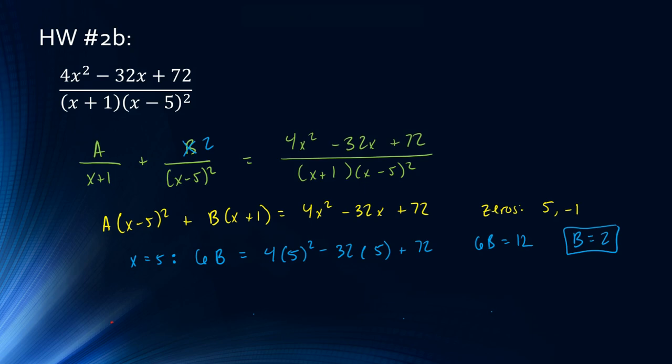Now we're going to use the other zero, negative 1. And when we use negative 1, the a is not going to disappear. Negative 1 minus 5 is negative 6, but when you square that, it becomes a positive 36. And then negative 1 plus 1 is 0, so the b disappears. On the right side, we would have 4 times negative 1 quantity squared minus 32 times negative 1 plus 72.